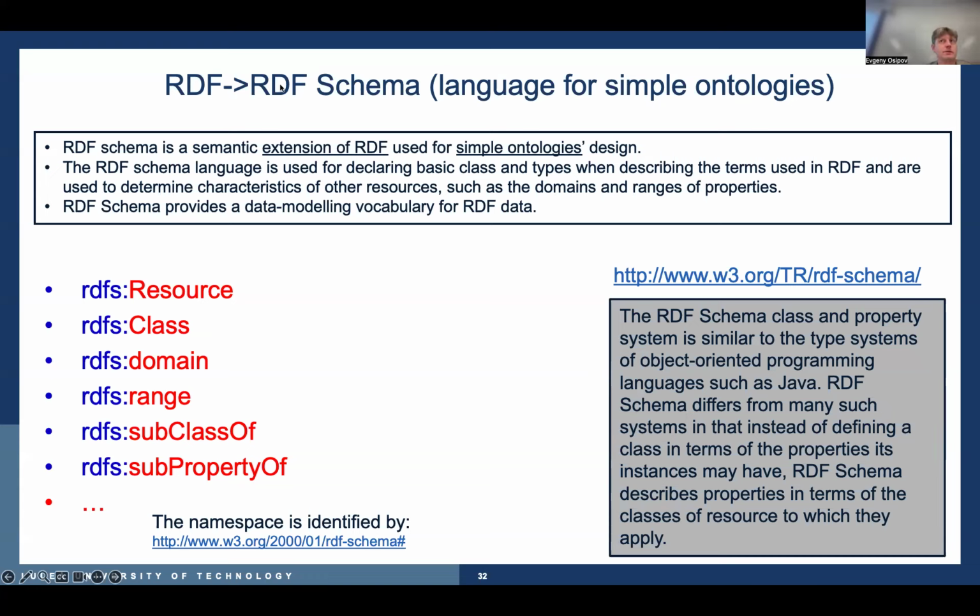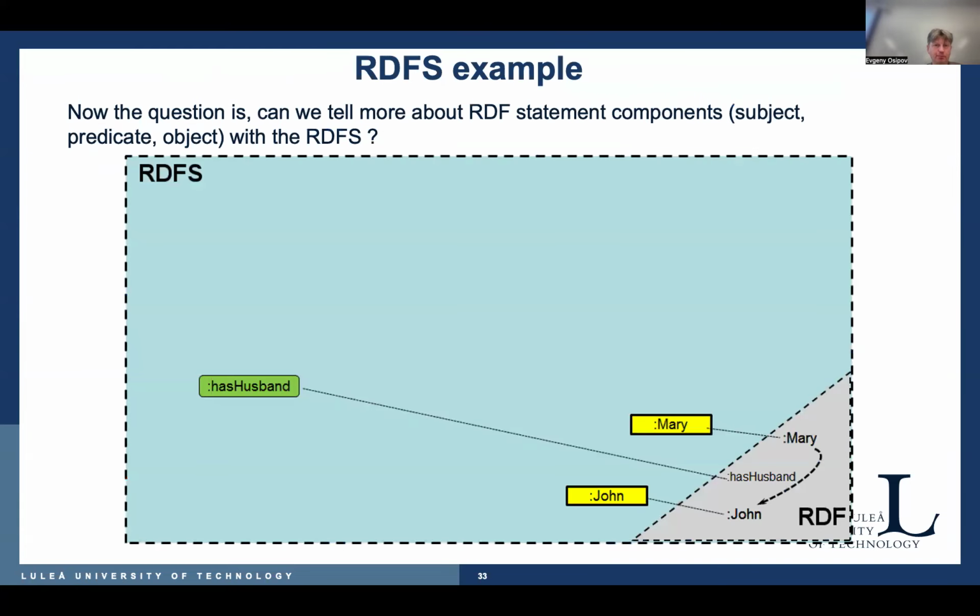RDFS is what is used in the knowledge representation world as a means to create the simplest ontologies. RDFS stands for RDF schema. This is what you can do with RDFS: you expand the entire hierarchy of the domain, which finally allows you to decide on the individuals.